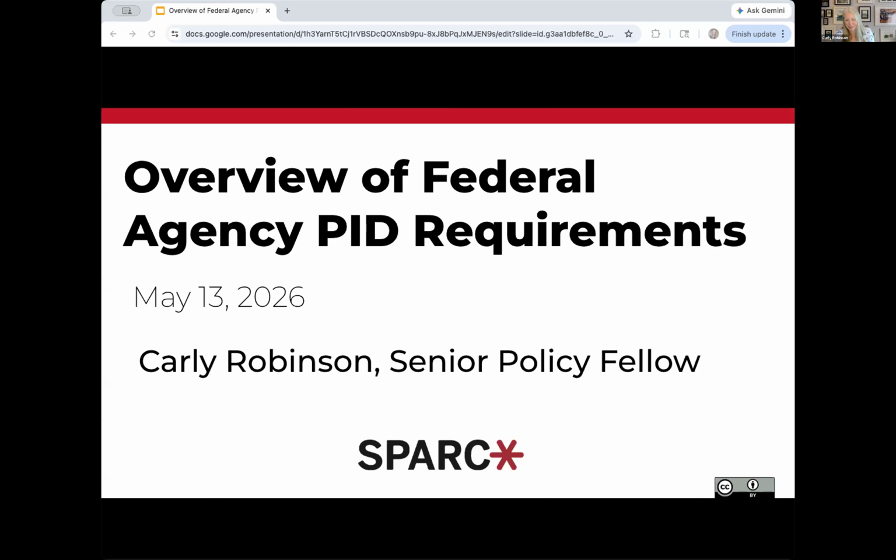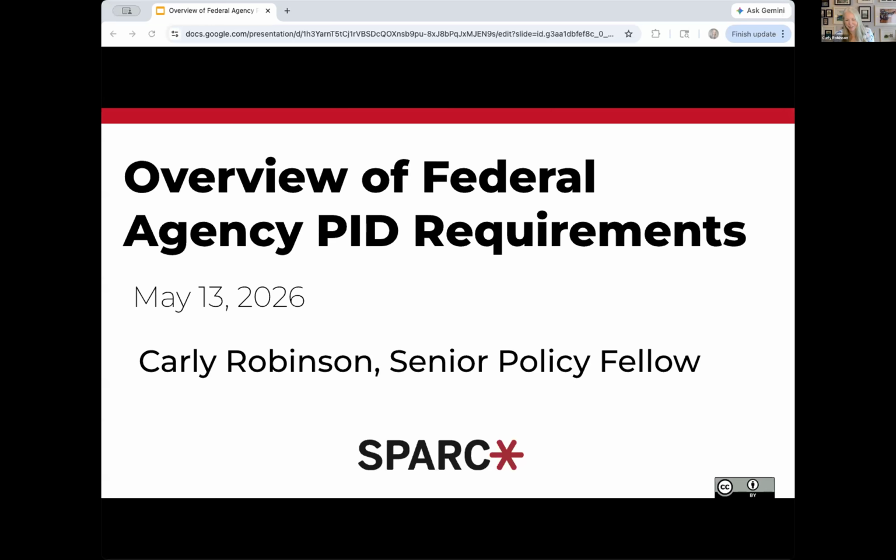There are some agencies still working on those requirements, but there are a lot of requirements in place. The timeline for this section of the 2022 public access memo on scientific and research integrity is still in the future. It's for implementation by the end of 2027, but some agencies are ahead of the game.